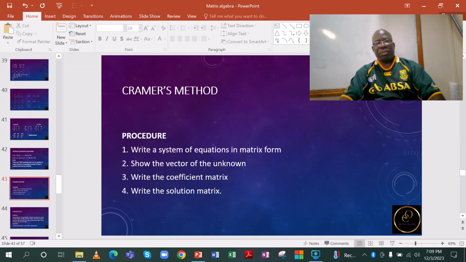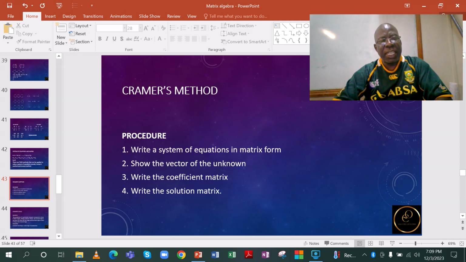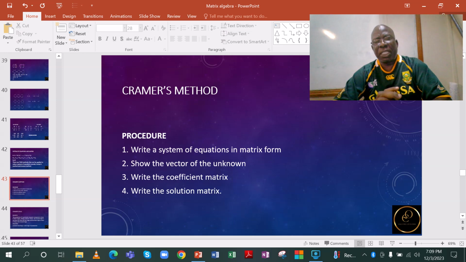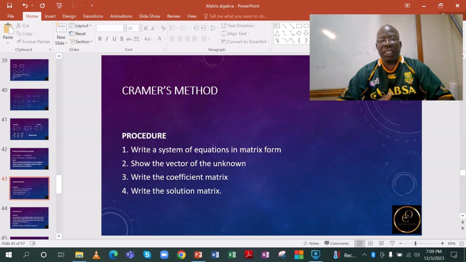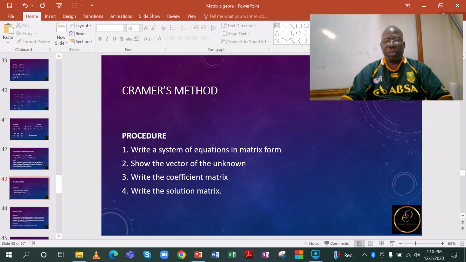Cramer's method. The procedure is you write the system of equations in matrix form, and then show the vector of the unknowns, and also write the coefficient matrix, and then write the solution matrix. Basic procedure rather.